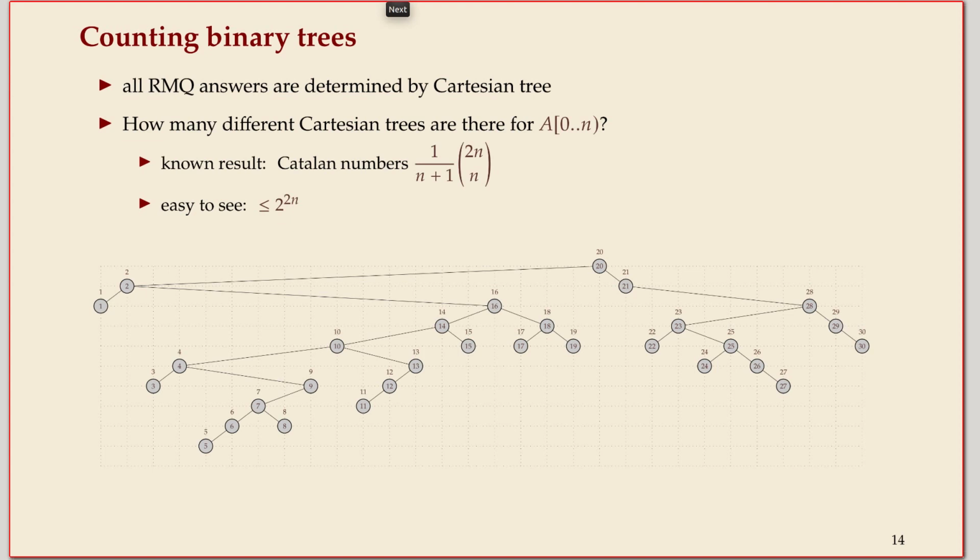Now, why do I obsess so much about going from arrays to Cartesian trees? The reason is that there are many different arrays that actually lead to the same Cartesian tree. For example, I can take the array 10, 100, 7.